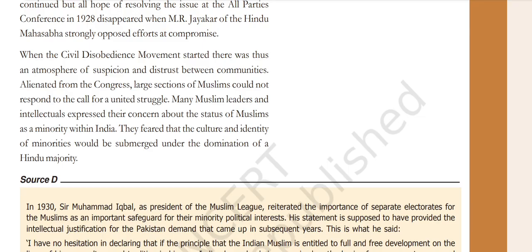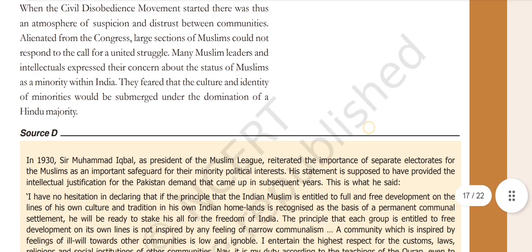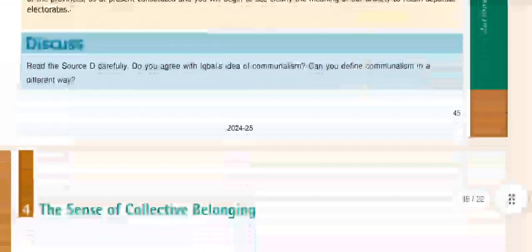Alienated from the Congress, large sections of Muslims could not respond to the call for a united struggle. Many Muslim leaders and intellectuals expressed their concern about the status of Muslims as a minority within India. They feared that the culture and identity of minorities would be submerged under the domination of a Hindu majority.